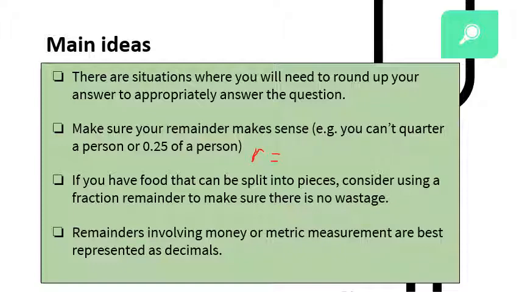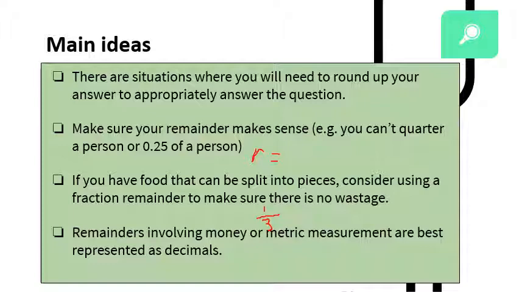If you have food that can be split or some other material that can be split into pieces, then consider using a fraction remainder to make sure there's no wastage. So if I end up with one piece of paper and there's 3 people, I can probably cut that up into 3 pieces, depending on what the paper is being used for, of course. So make sure it's appropriate to the question.